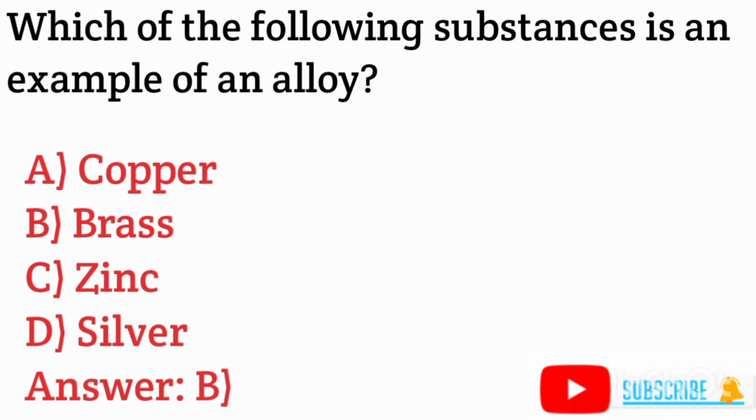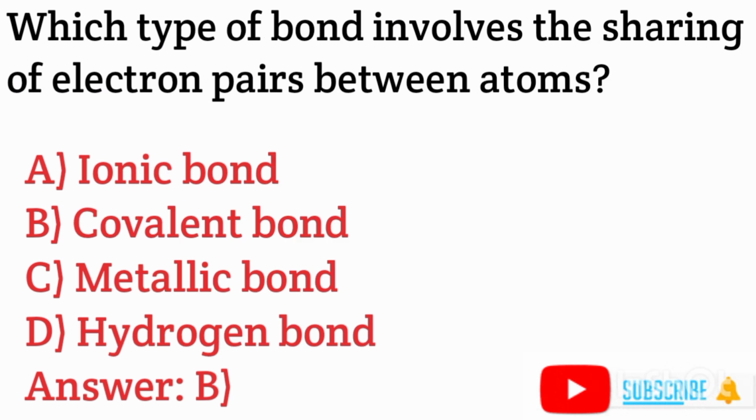Which of the following substances is an example of an alloy? Brass. Option number B is correct. Which type of bond involves the sharing of electron pairs between atoms? Covalent bond. Option number B is correct.